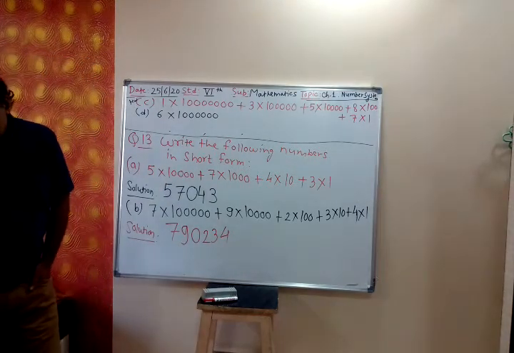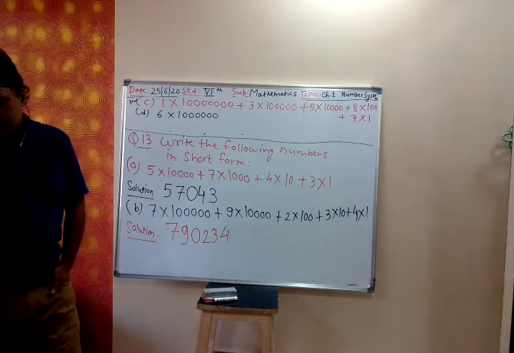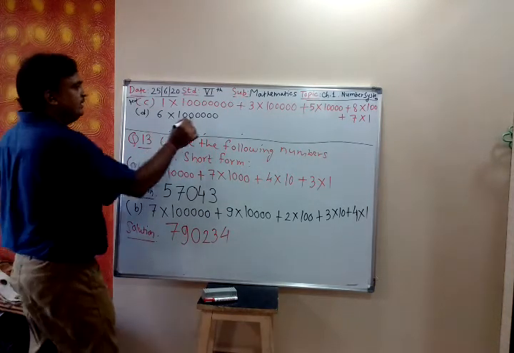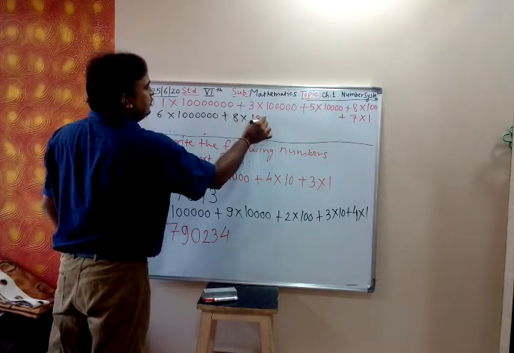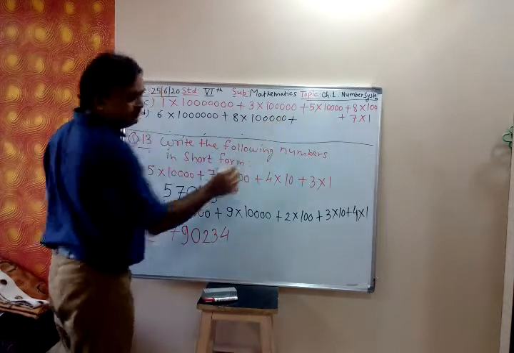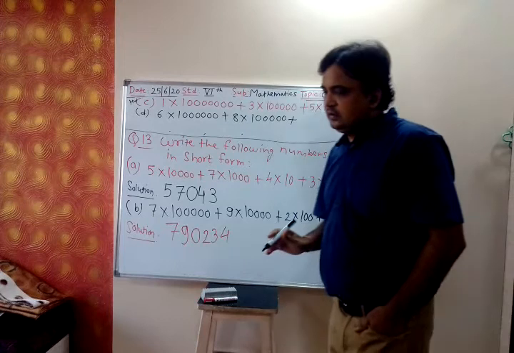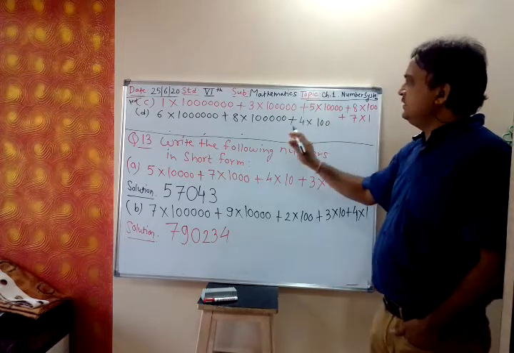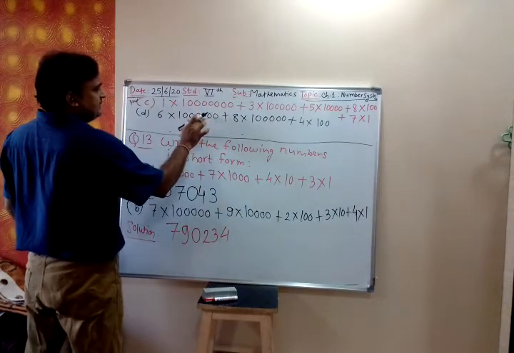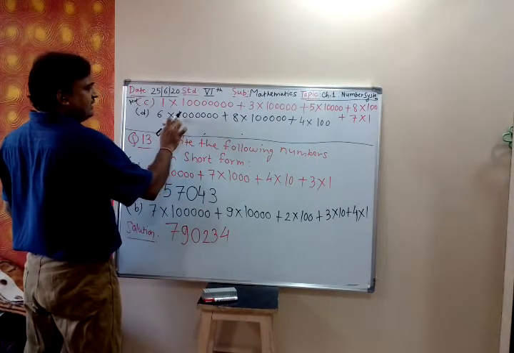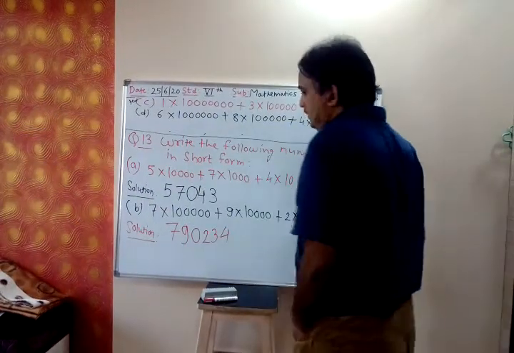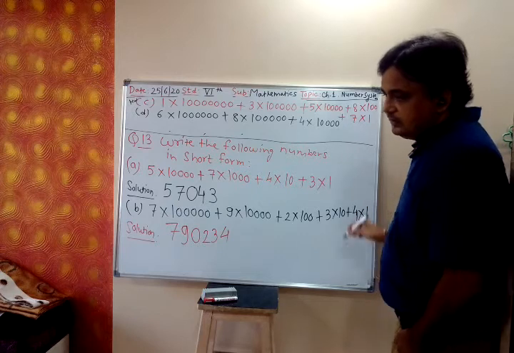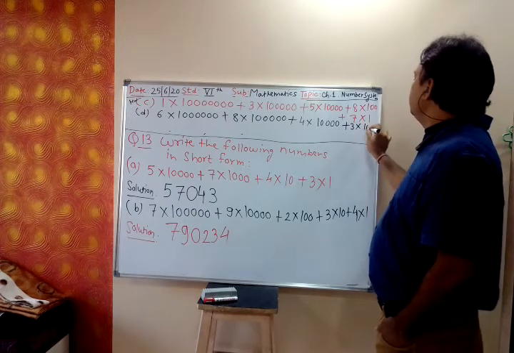So 6 into 10 lakhs plus 8 into 1 lakh plus 4 into 10,000 plus 3 into 1,000.